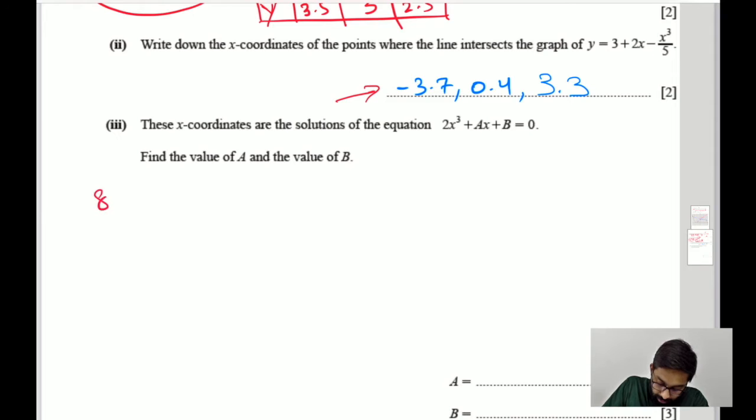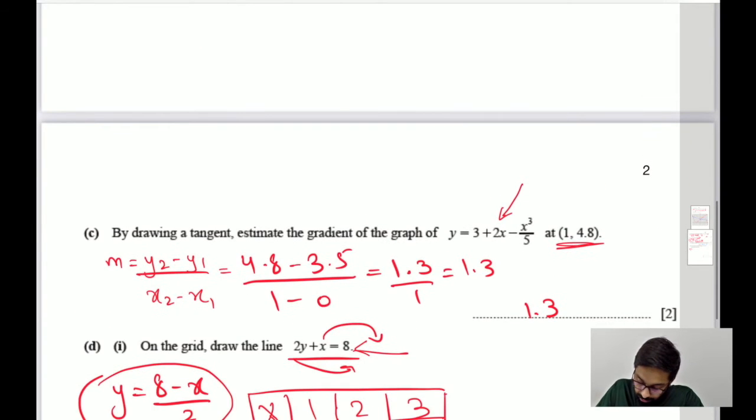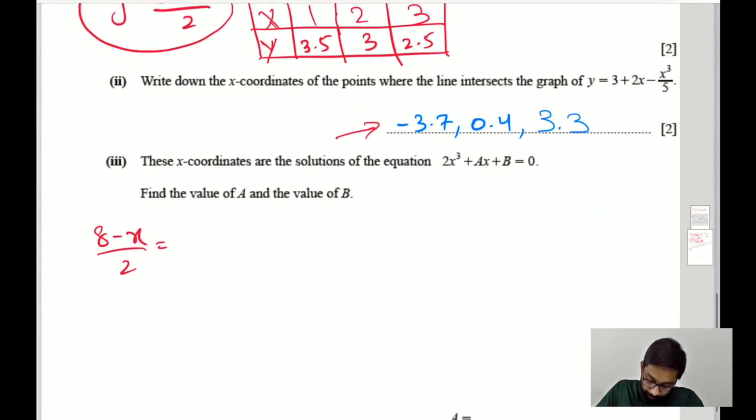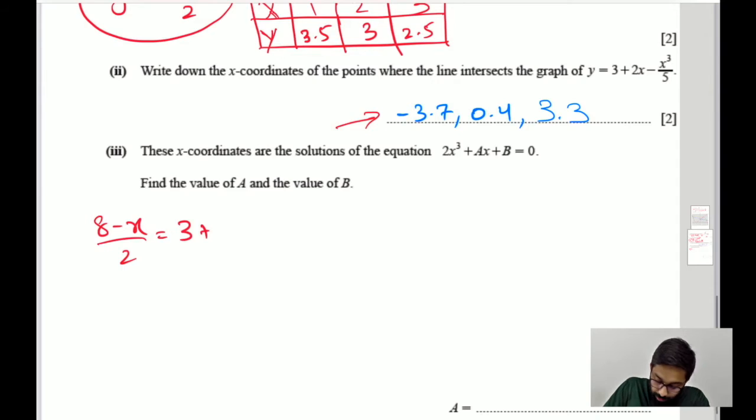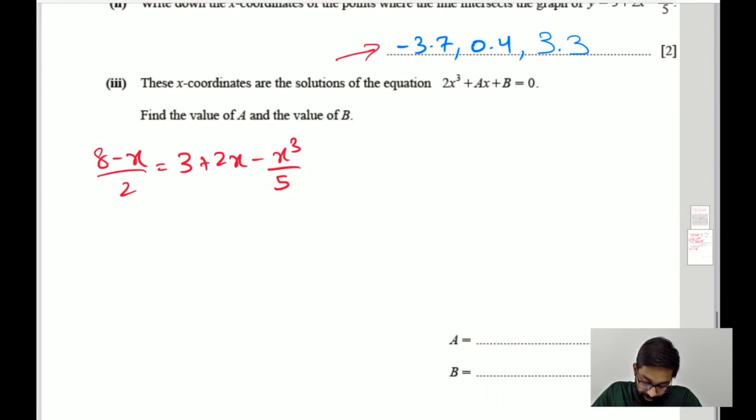So we write 8 minus x over 2 equal to the equation of the curve, which is 3 plus 2x minus x cube over 5. So we write 3 plus 2x minus x cubed over 5. Okay, so if you move on further, let's find the LCM of the right hand side, because all these values are over 1.